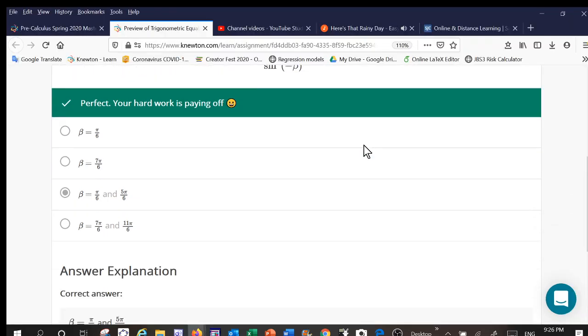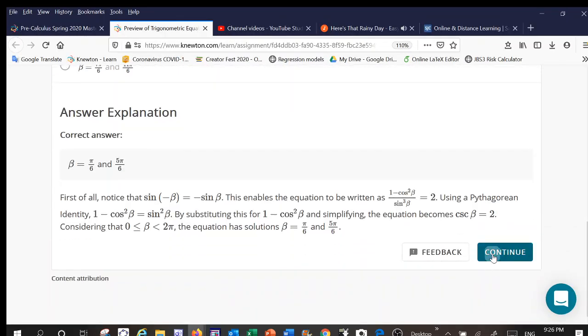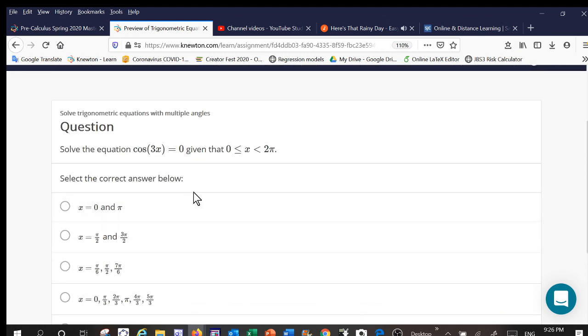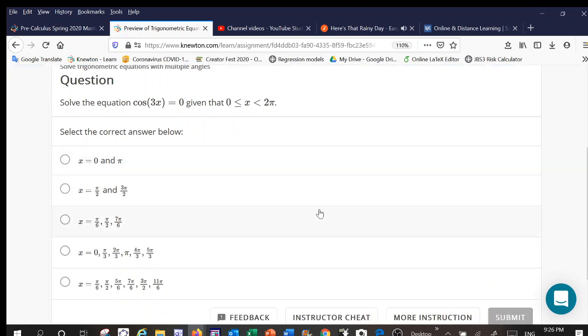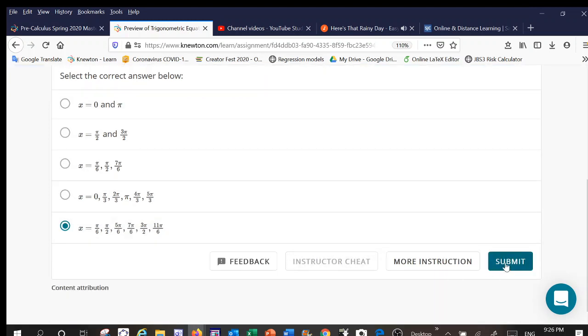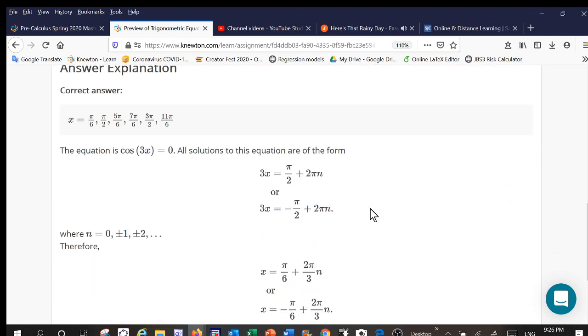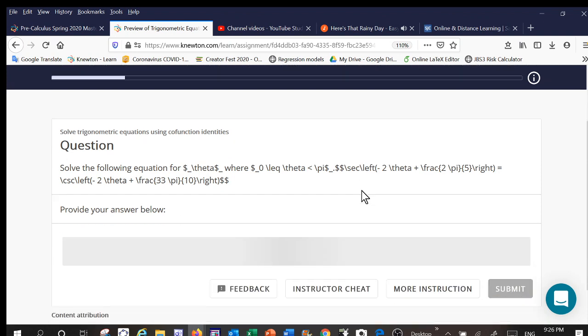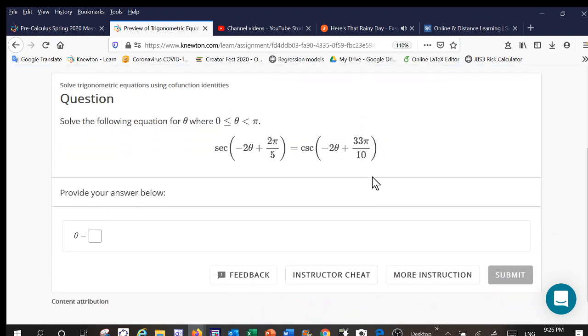So with identities, the point is you have to see how you can get to one of these. Now this one you don't need an identity, because you can just solve for 3x, right? And we have done one of these already. So that's just something we did already. And I think you're in good shape for solving trig equations.